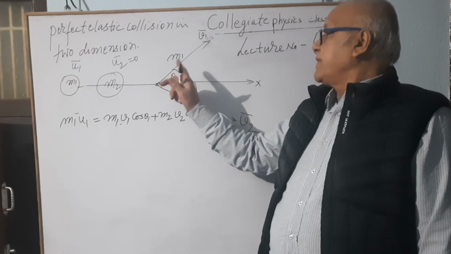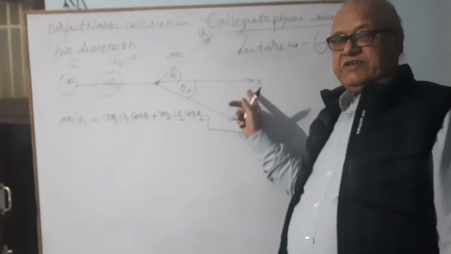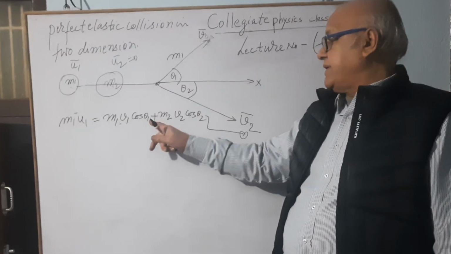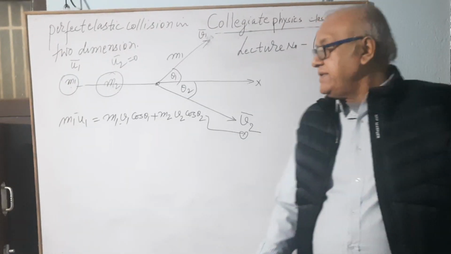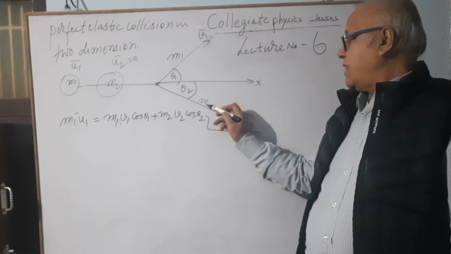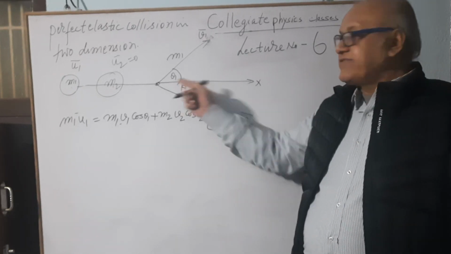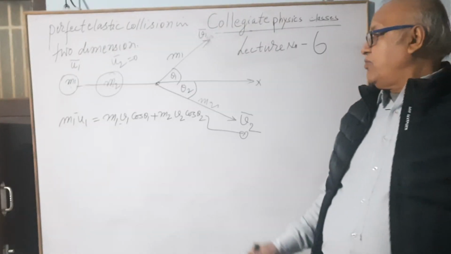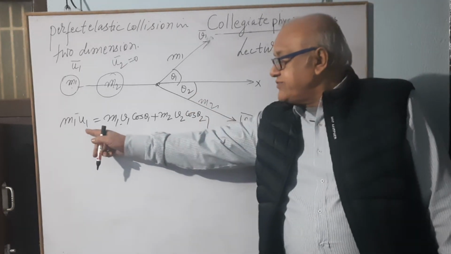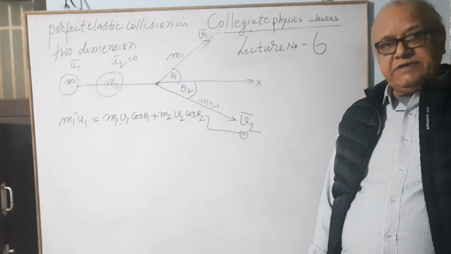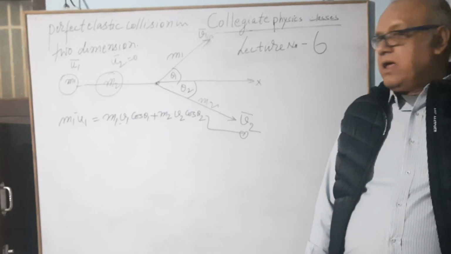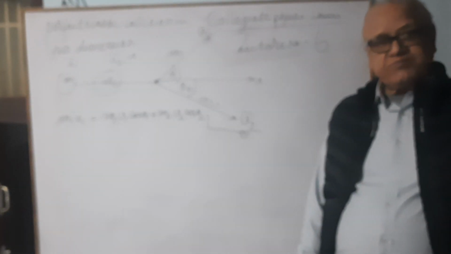The momentum of first body along x-axis after collision will be equal to m1 v1 cos θ1, and the momentum of second body along x-axis after collision will be m2 v2 cos θ2. This is the equation which is obtained by applying the law of conservation of momentum along x-axis of this system.